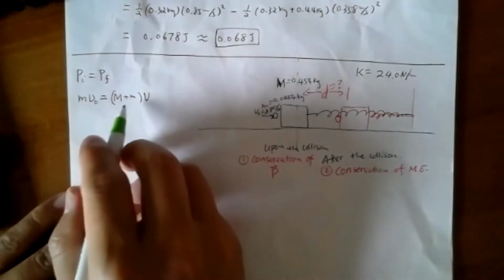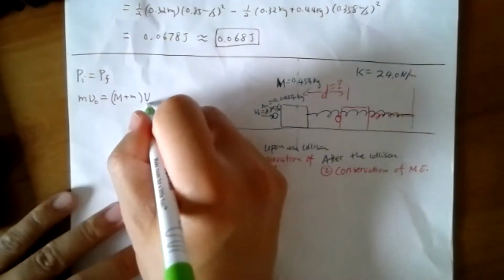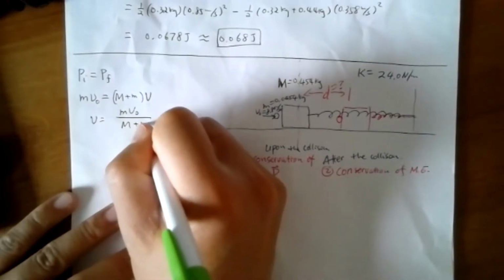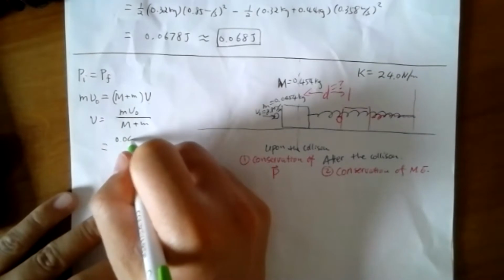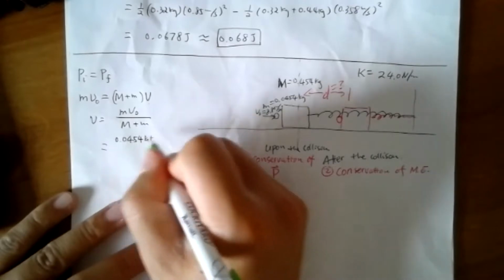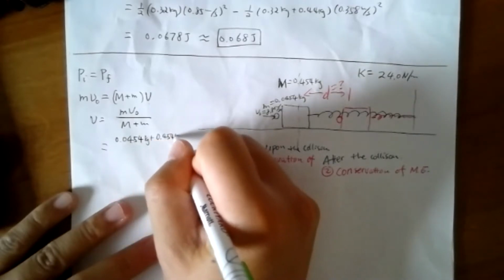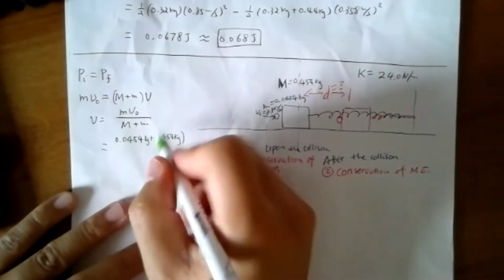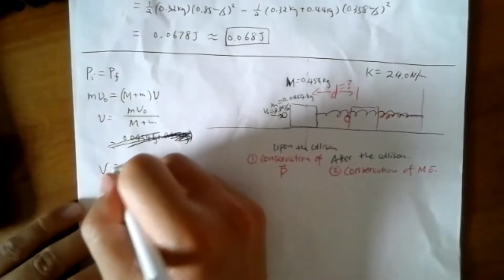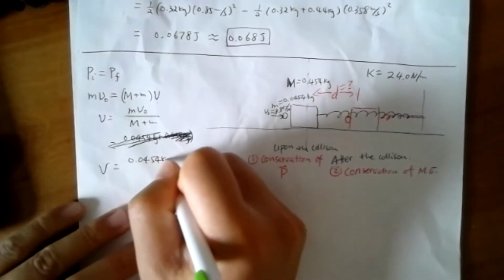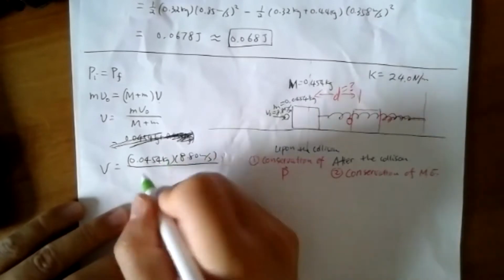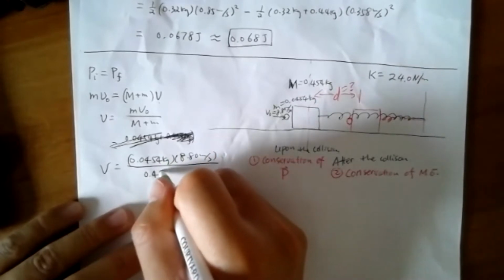You can solve for this V. So V equals m v0 divided by capital M plus small m. The combination of the two should go to the bottom. So V equals 0.0454 kg times the V0, 8.80 meters per second, divided by the combination of the two masses, 0.0454 kg plus 0.454 kg.